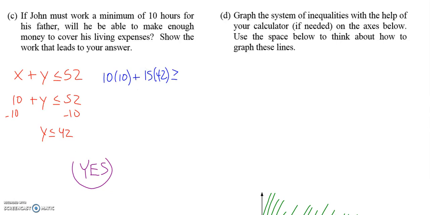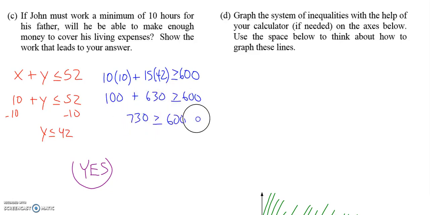There it is. So 10 hours for his dad at $10 an hour, 42 hours at the bakery for $15 an hour, and then we just solve this up, and there we go. So he could work 10 hours for his dad and still make enough money to meet his expenses.